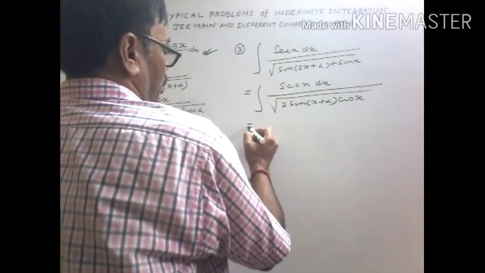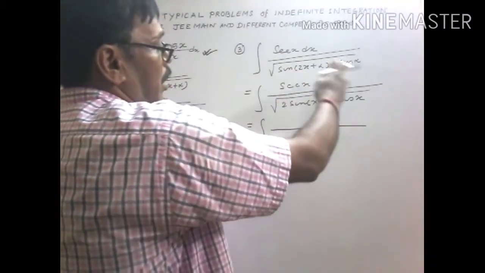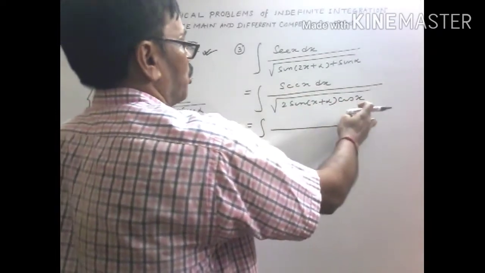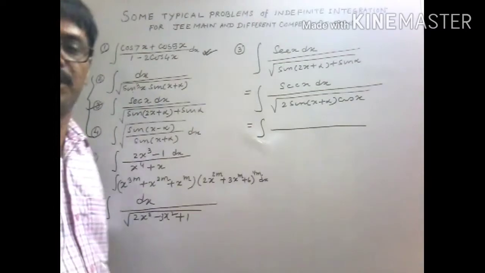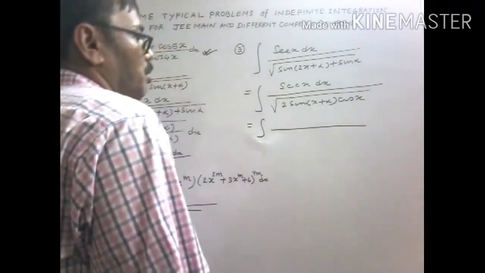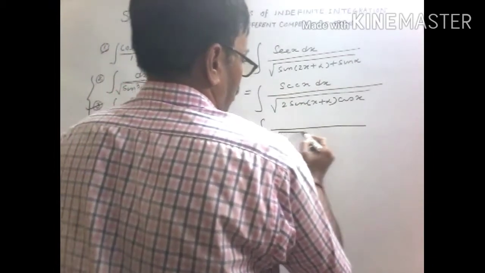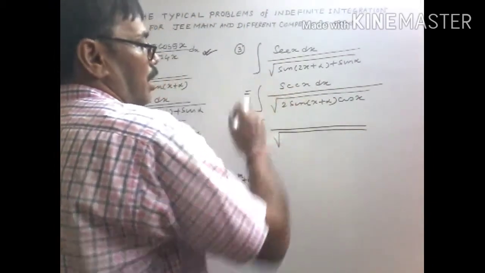Now look, these two problems are equivalent, because if we take sec x in the denominator and within the root it will be cos cube x. So problem number 2 is sin cube x. The same technique. So it will be sec square x if we get 1 sec x here.